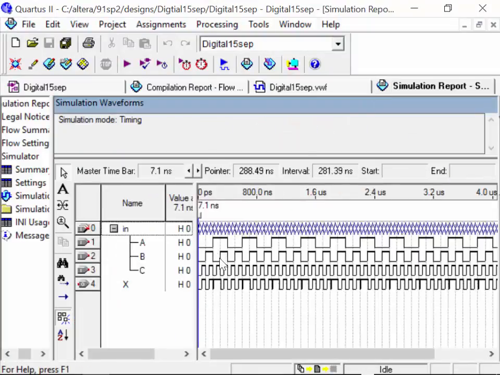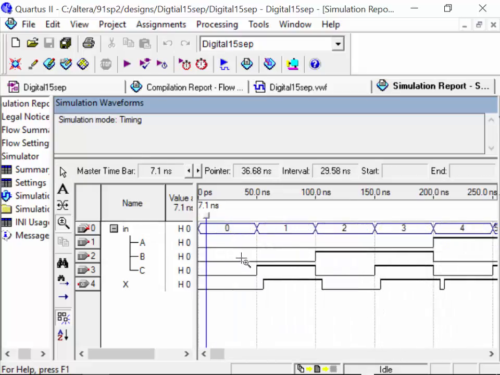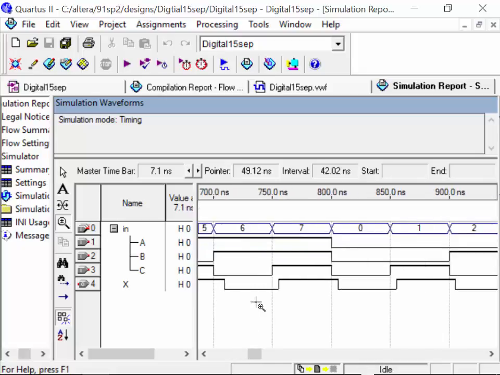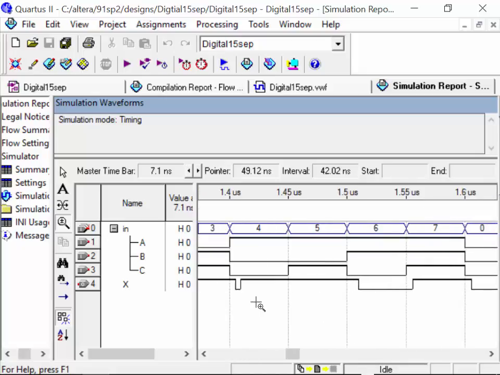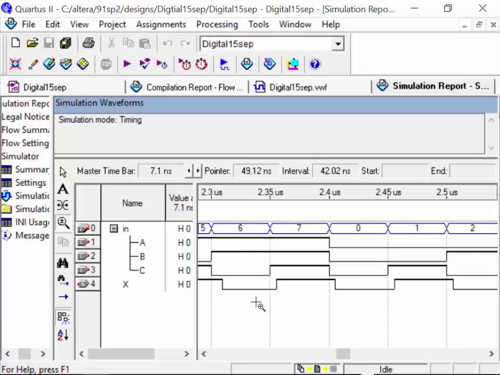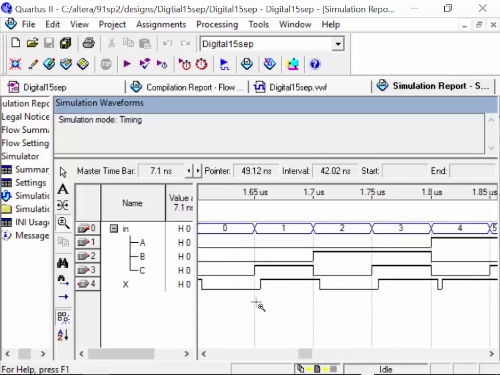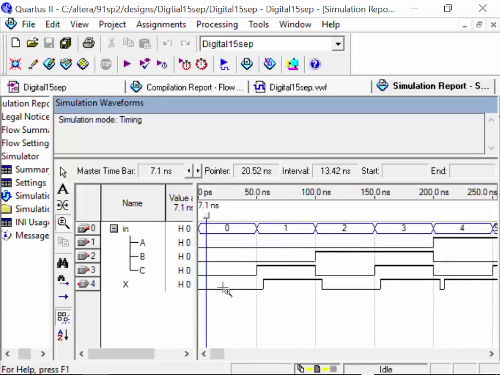That looks fairly interesting. What is happening here? Oh, we got all kinds of glitches happening here. Okay, ignore these glitches.